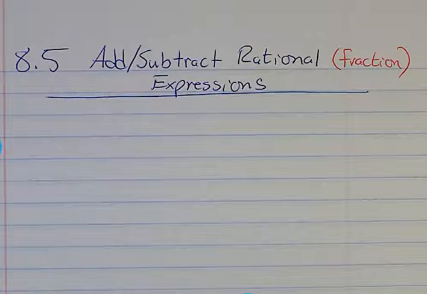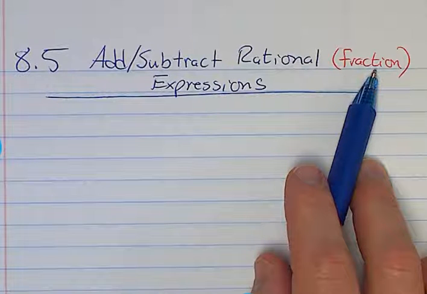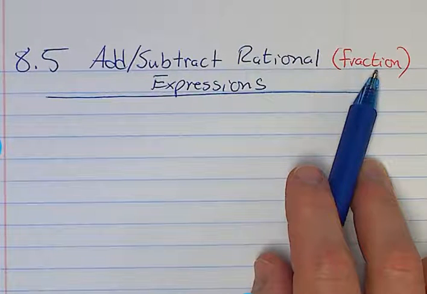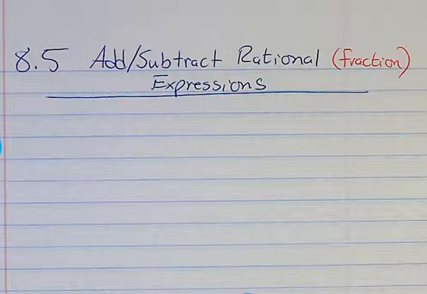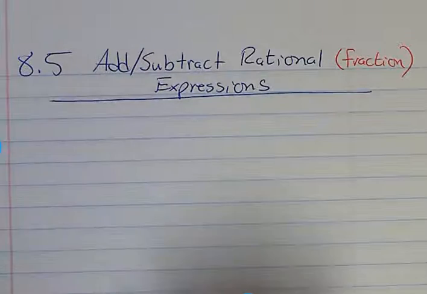Alright, now, go back in time to like 6th grade. If you're going to add and subtract fractions, what is the big key thing you have to have to add and subtract fractions? Common denominators. There we go. Alright, so for that one, there's your big asterisk.